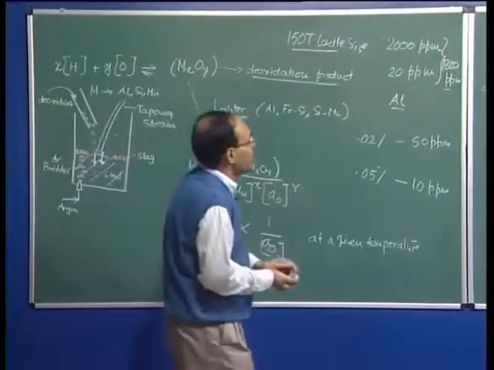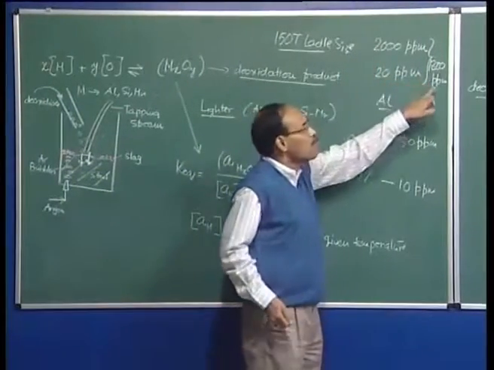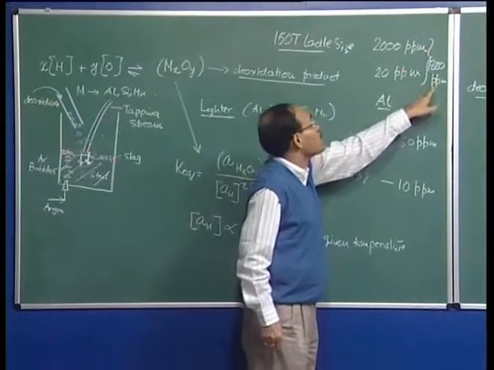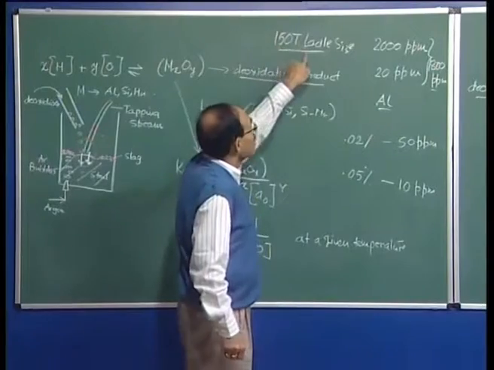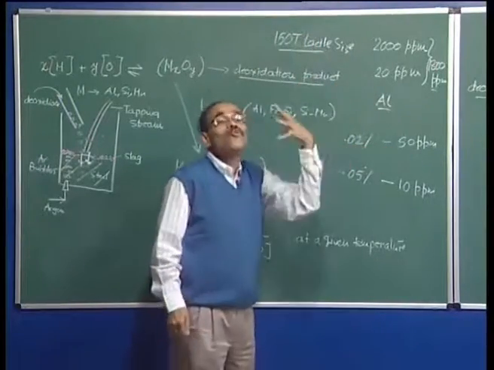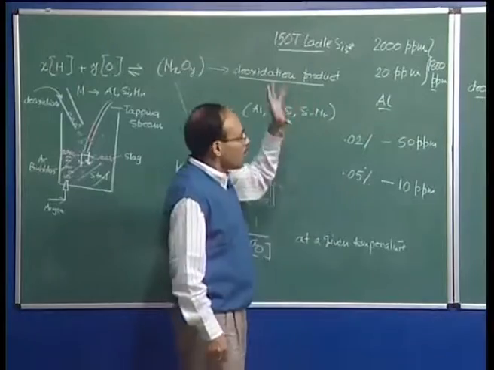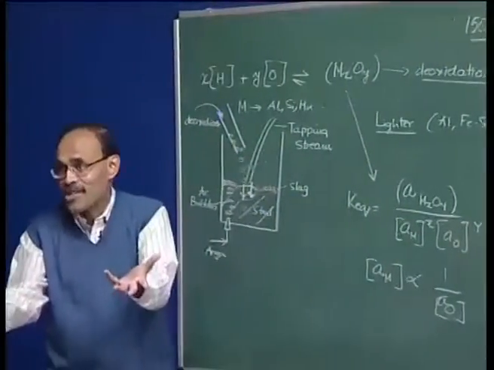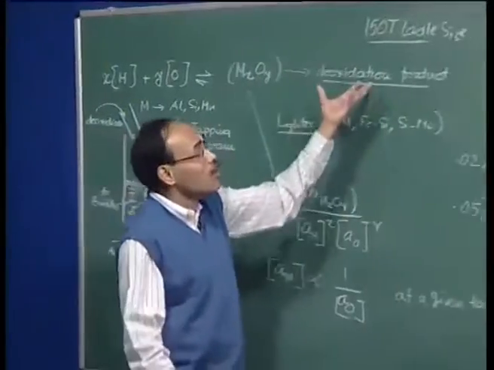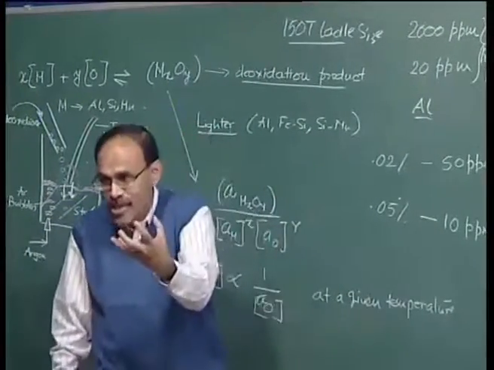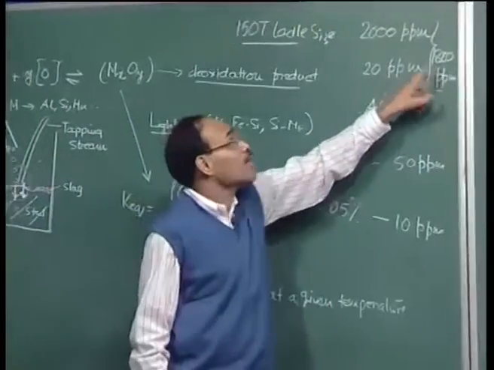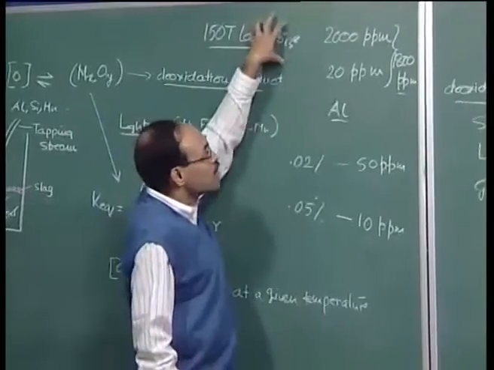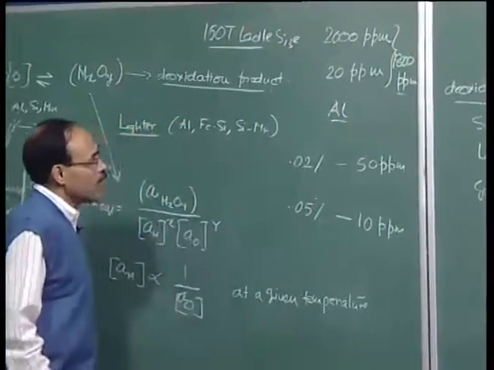So I know that 1800 ppm oxygen is to be eliminated, and this 1800 ppm oxygen with respect to the 150 ton ladle size can be translated to so many kg of oxygen. Then by using this relationship that 16 kg of oxygen will require 27 kg of aluminium, I will be able to immediately calculate how much aluminium is going to be required in order to remove the total amount of oxygen present in the bath corresponding to 1800 ppm.